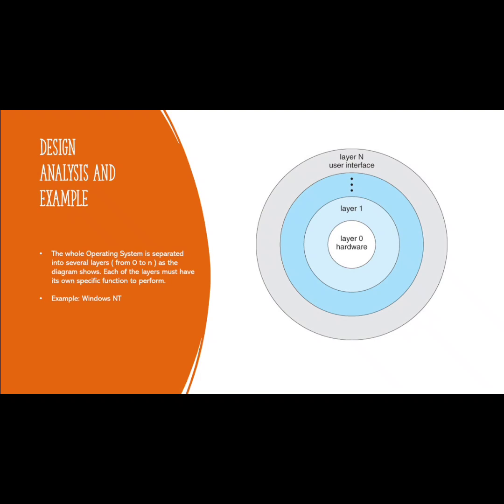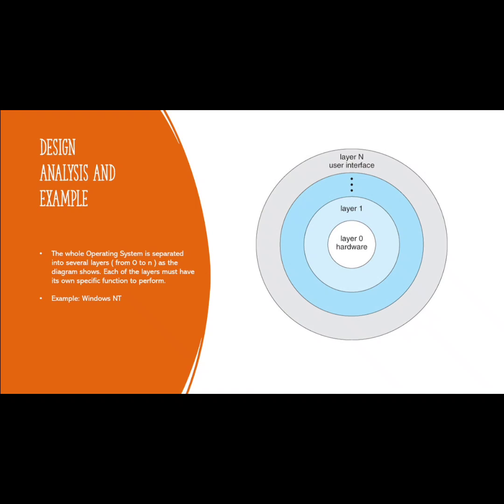For design analysis and example: the whole operating system is separated into several layers. The first, the outermost layer, must be the user interface layer. The second, the innermost layer, must be the hardware layer.